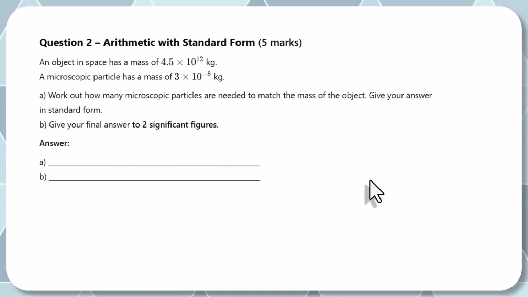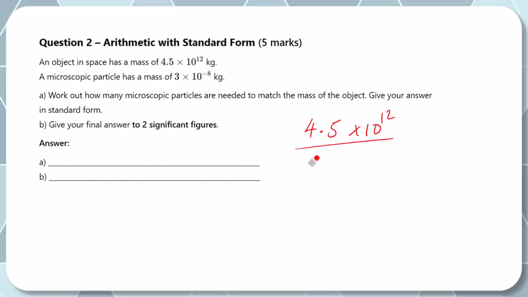Okay, so I hope that you've tried this one. It says work out how many microscopic particles are needed to match the mass of the object, which means we need to divide. Now, when you're dividing standard form, you just put one on top of the other, and then you draw a line like this, and then you start. Both of their units are in kilograms, so that makes life easier. So I'll do 4.5 divided by 3, and that will give us 1.5.